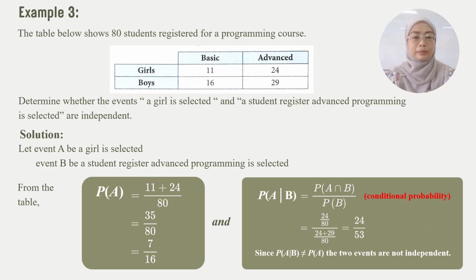Next, we must find the probability of A given B using the conditional probability formula.